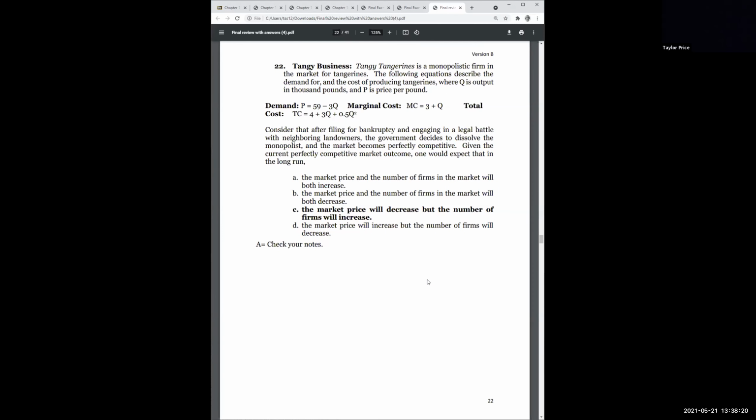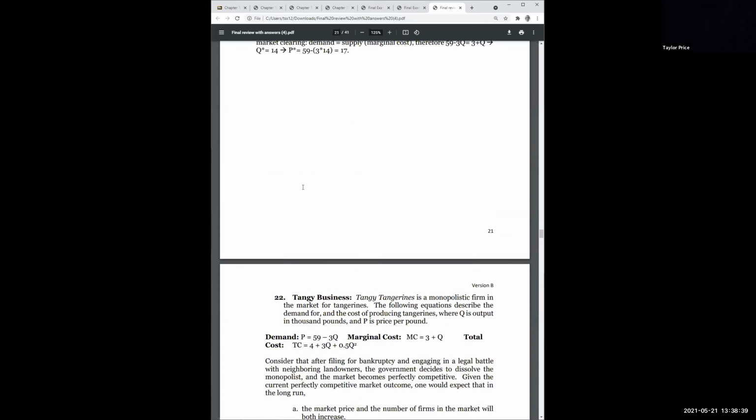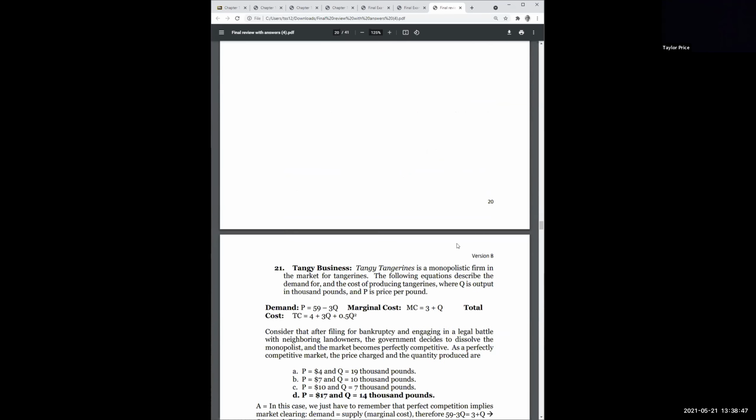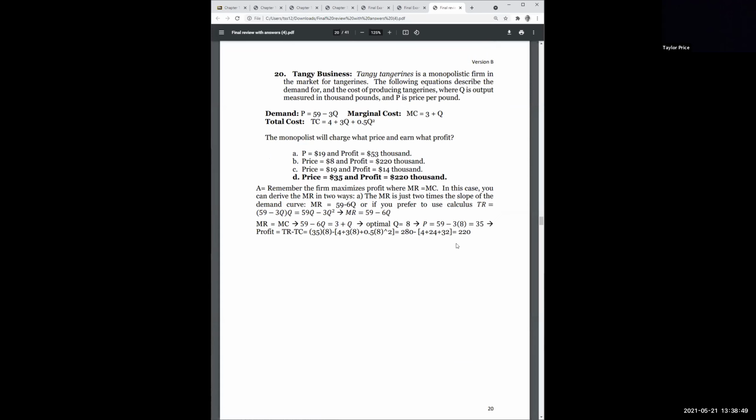Okay, so 22. Continuing this at the same setup, but now they are asking, given a current perfect competitive market outcome, one would expect that. Okay, and we know from this that perfect competition, let me see.